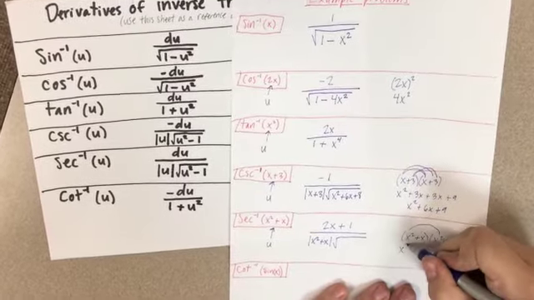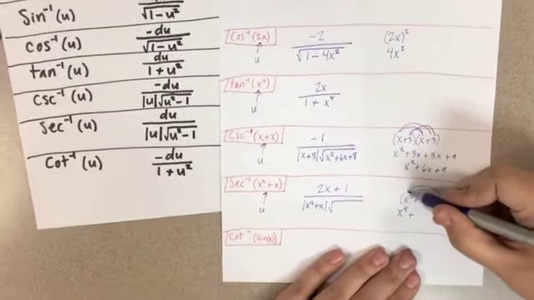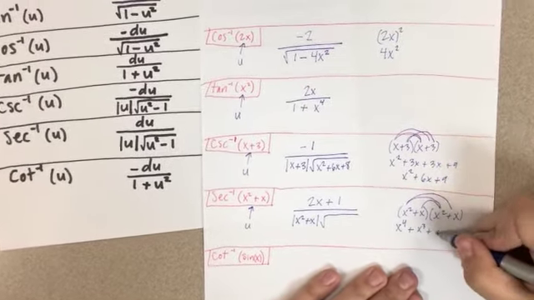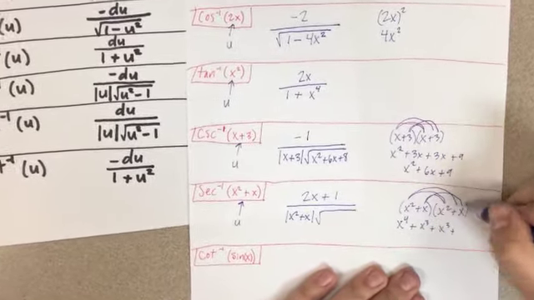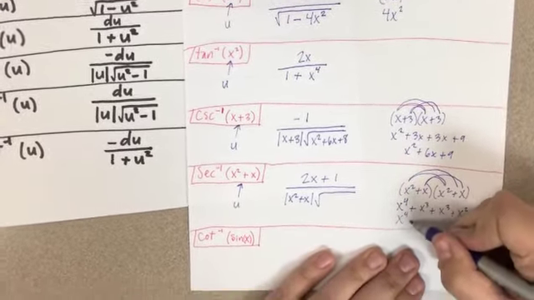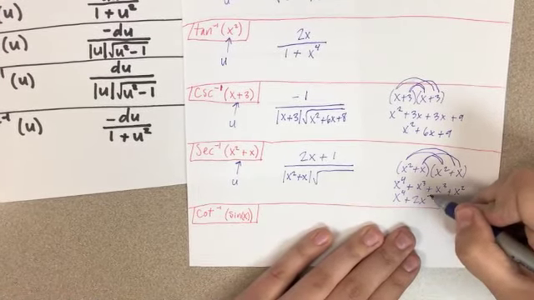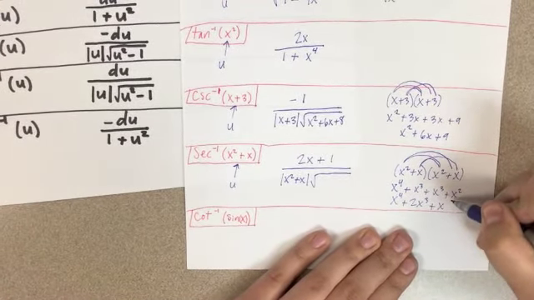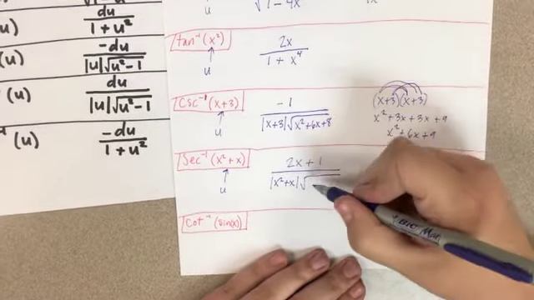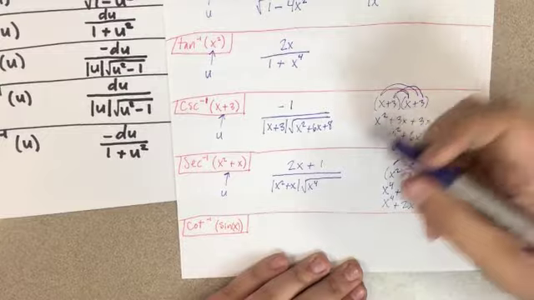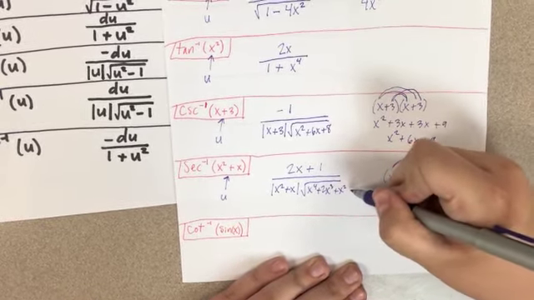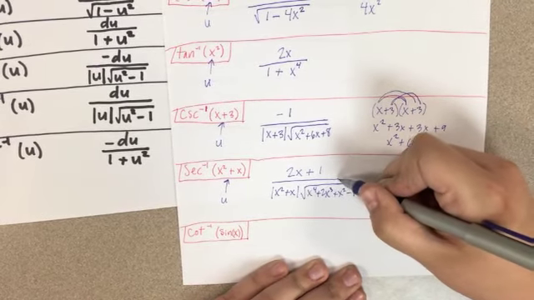First, outside, inside, last. So that ends up being x to the 4th plus 2x to the 3rd plus x squared. And you put in that and you subtract 1. So that'll end up being x to the 4th plus 2x to the 3rd plus x squared minus 1. There you go.